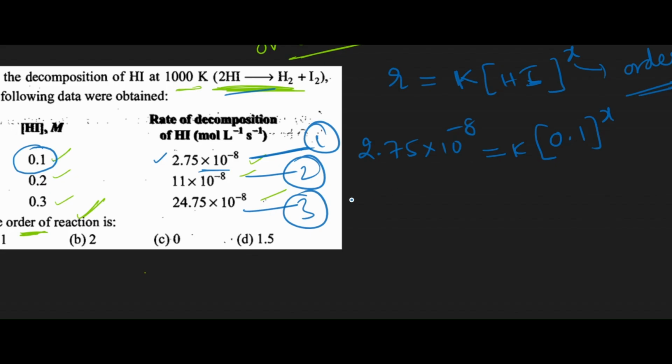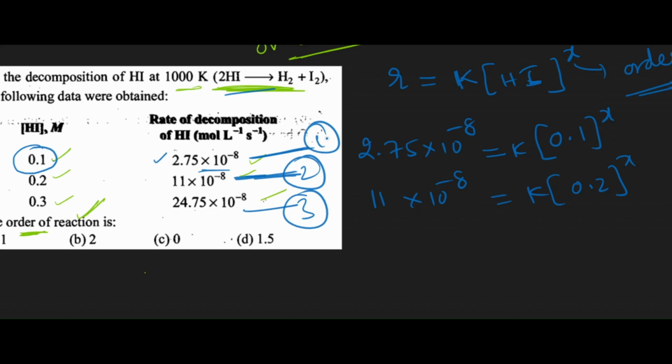Clear? Next, based on the equation 2 data, I am writing the rate as 11 into 10 power minus 8 is equal to k into 0.2 whole power x. Clear?